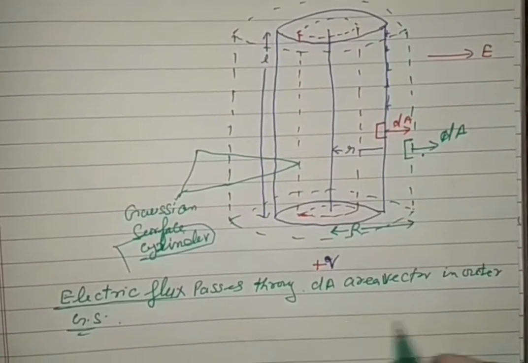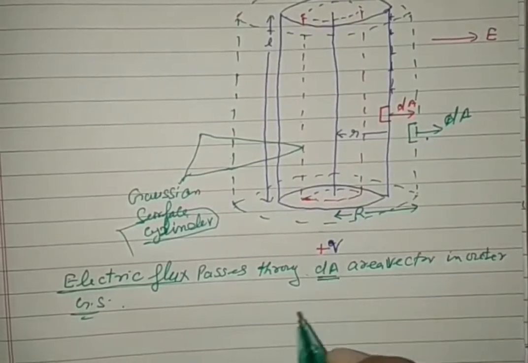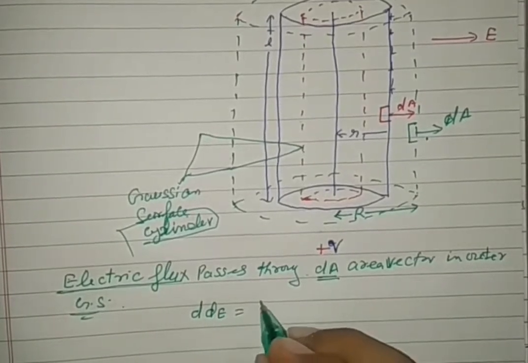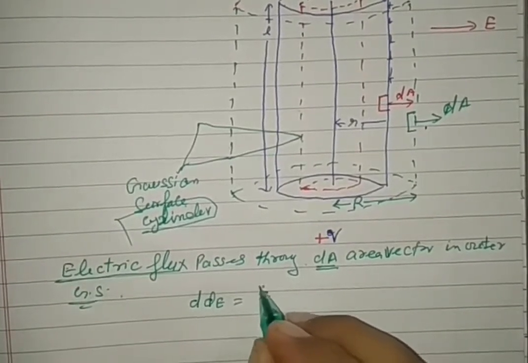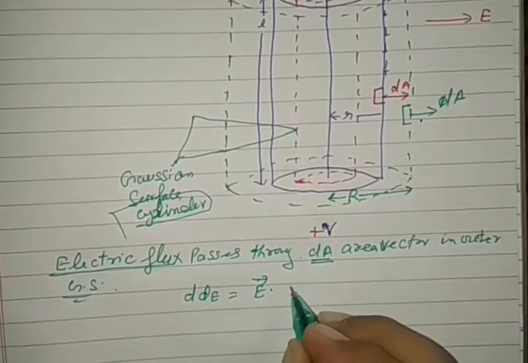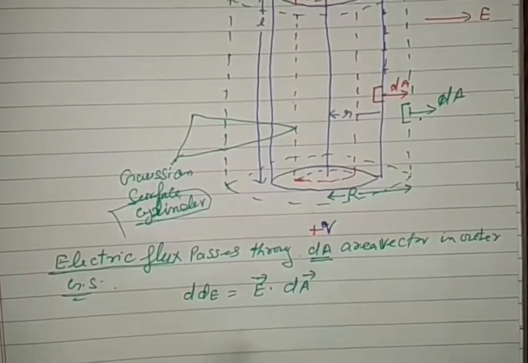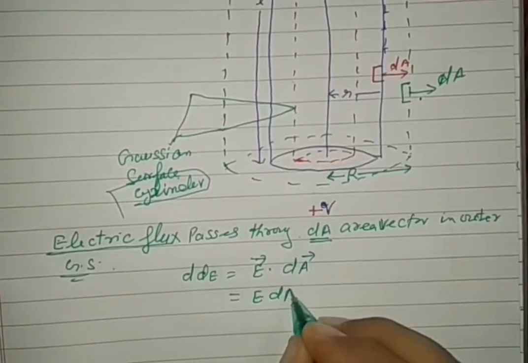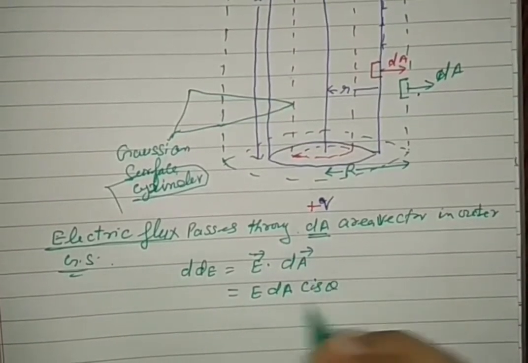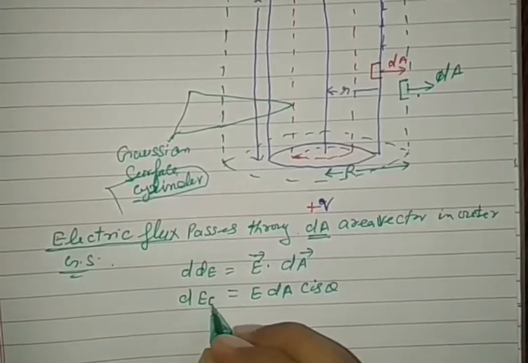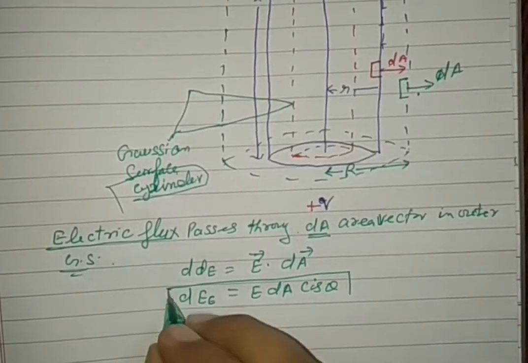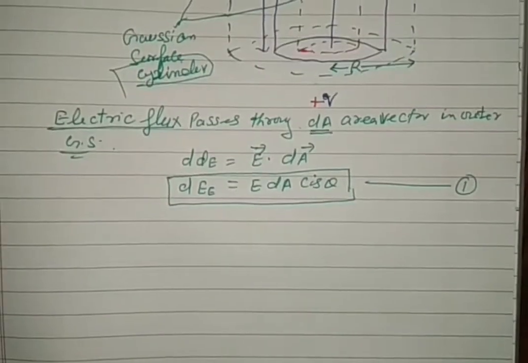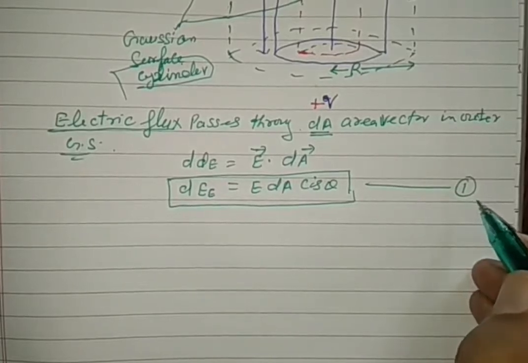This electric flux due to this small area vector dA is given by d phi E is equal to the dot product of electric field vector and area vector, which can be written as E dA cos theta by the concept of dot product of two vectors, and we represent it by equation number 1.